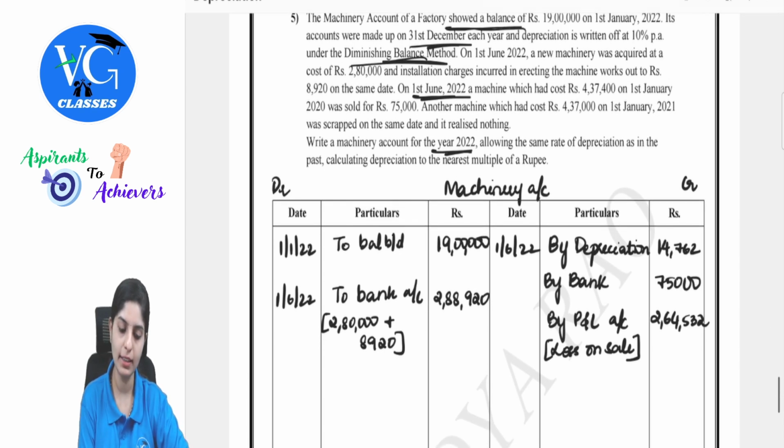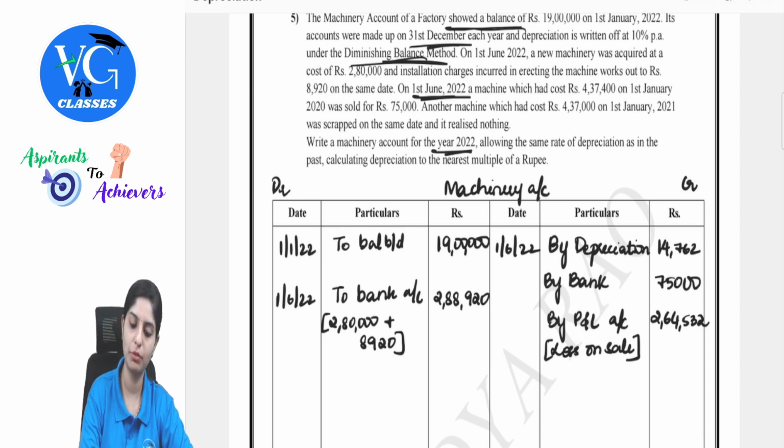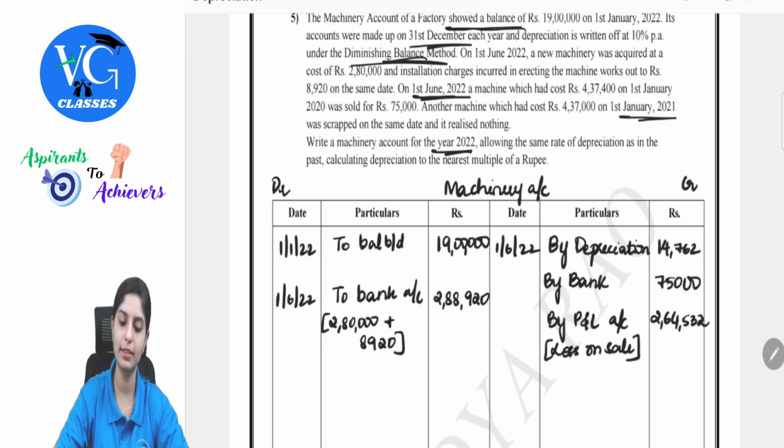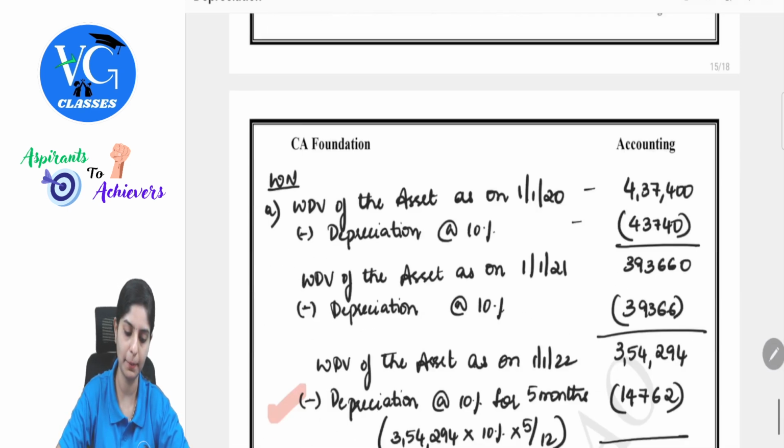Connected to this, another machine which had cost 4,37,000 on 1st Jan 21 was scrapped on the same date and it realized nothing. Don't you think we have to follow the similar steps? So this machine which was costed as 4,37,000 on 1st Jan 21.